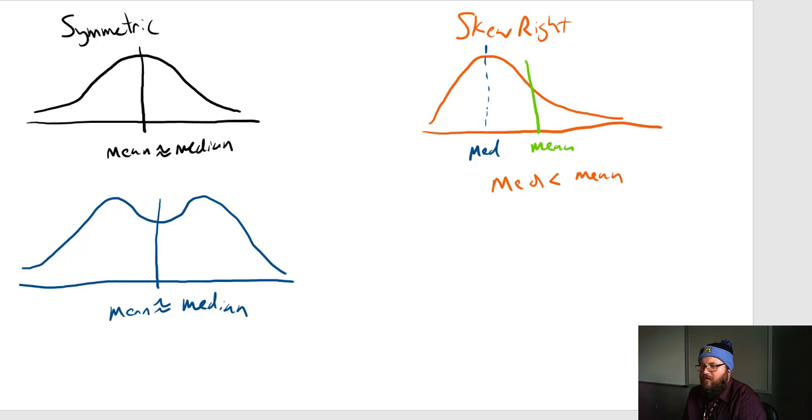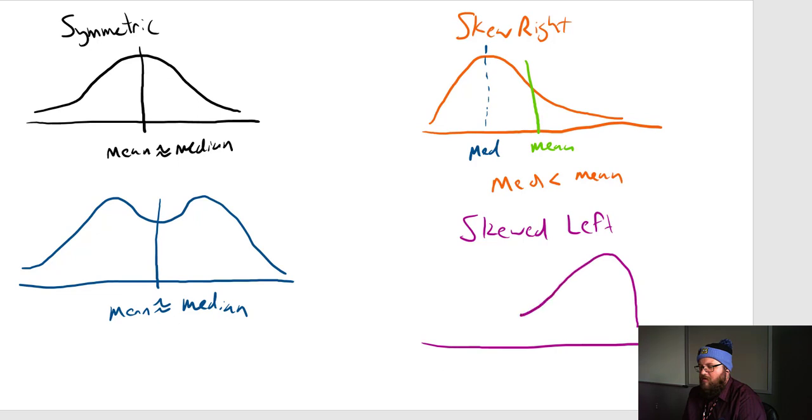Alright, so now let's say we got a skewed left. So skewed left, the big toe starts over here, and it drops down and goes something like that, right? Now your median is going to be where that peak is.